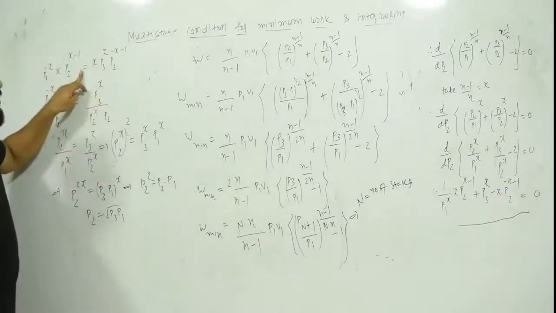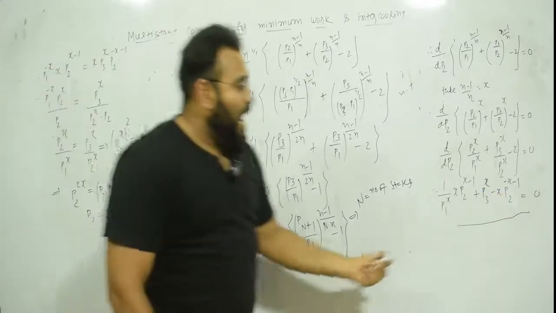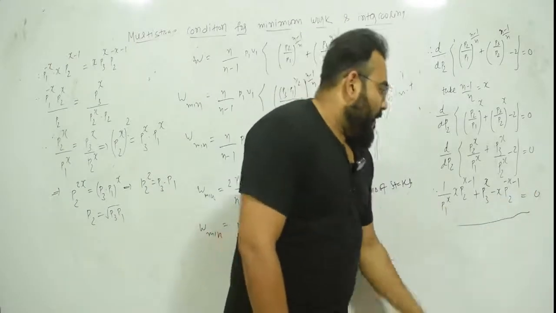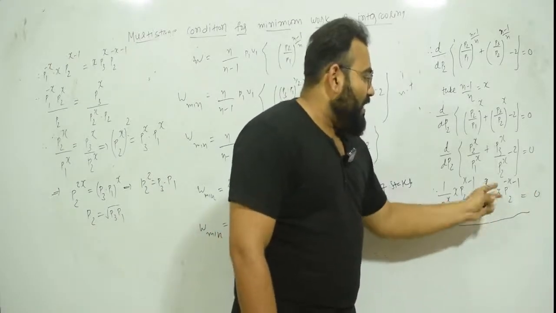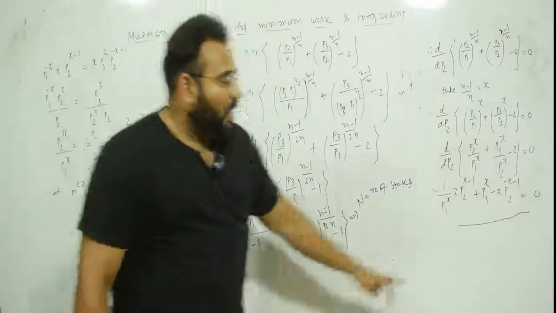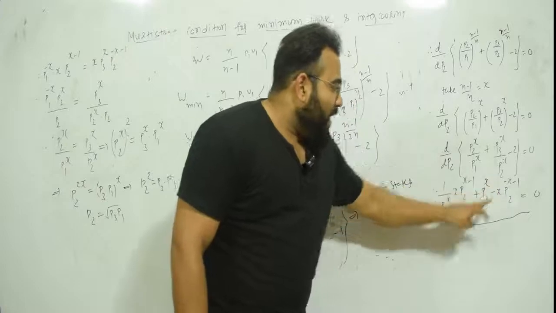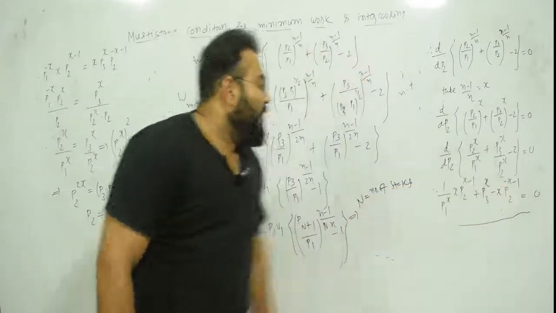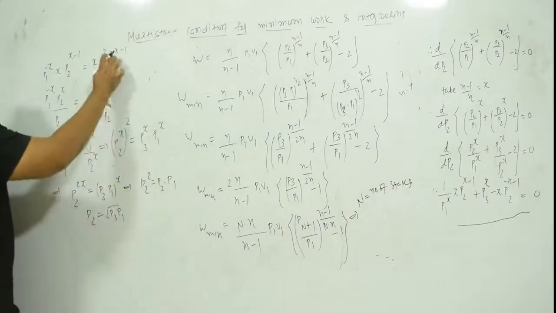So that's why equals to. Why? Because I have taken this term on this side. This minus, and the term going to that side, will become plus. So that's why equal to x P3 raised to x, P2 raised to minus x minus 1. I have written over here P2 raised to minus x minus 1.